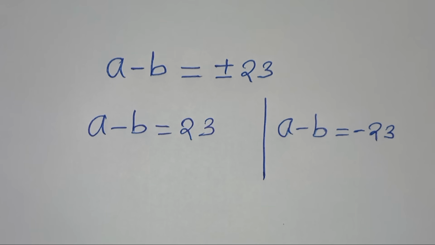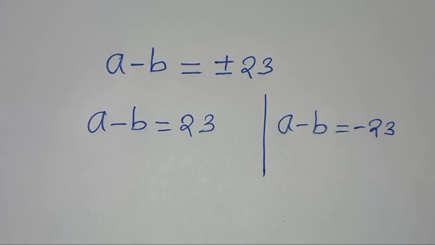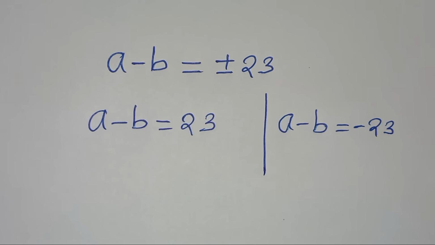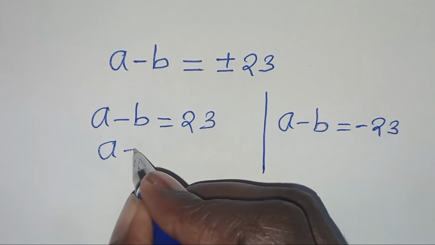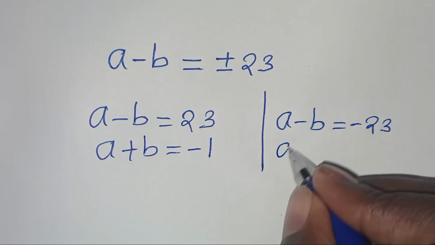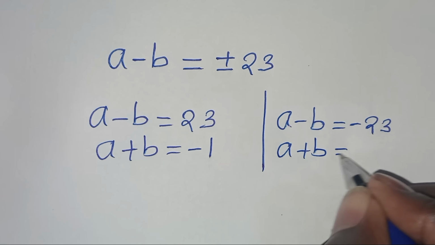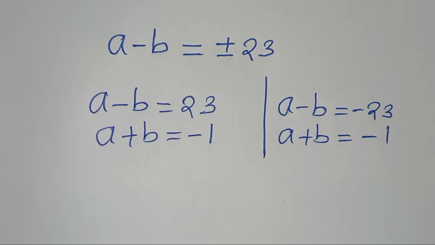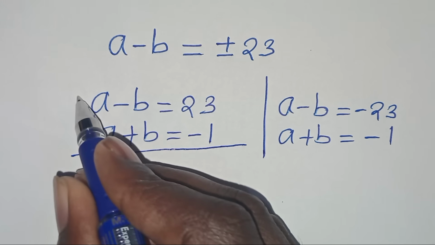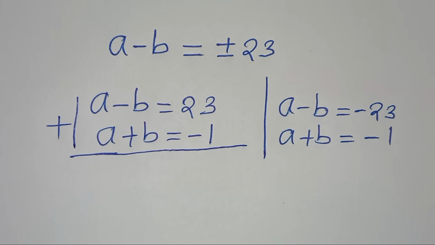Now, referring back to equation 3, a plus b is equal to negative 1. So we have a plus b equal to negative 1, and again, a plus b equal to negative 1. So we have a system of two linear equations here. Let's sum these two systems of linear equations.